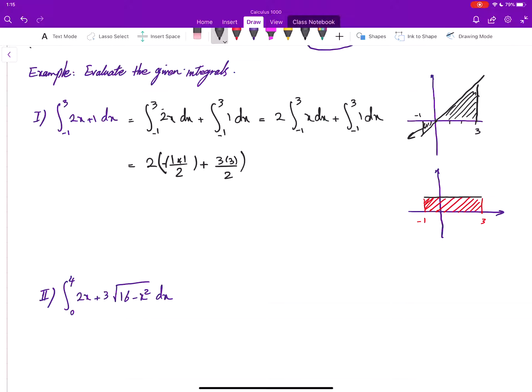Then there is another piece, plus 1 here. This is just a rectangle, with height 1 and width 4. Now you do this computation: -1 plus 9 plus 4, and that all together gives us 12.